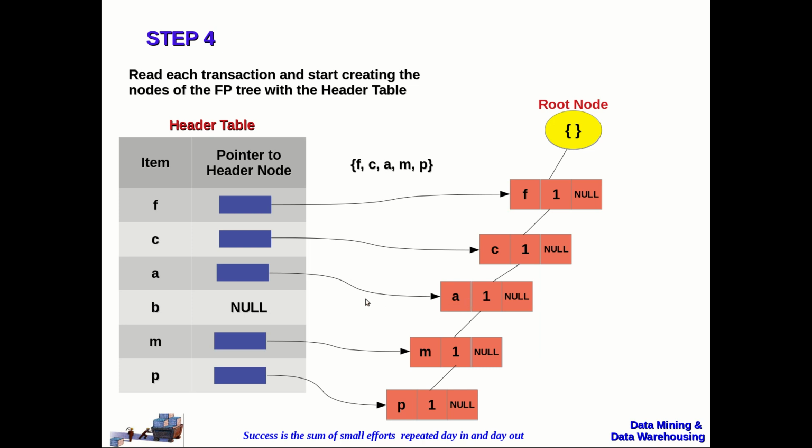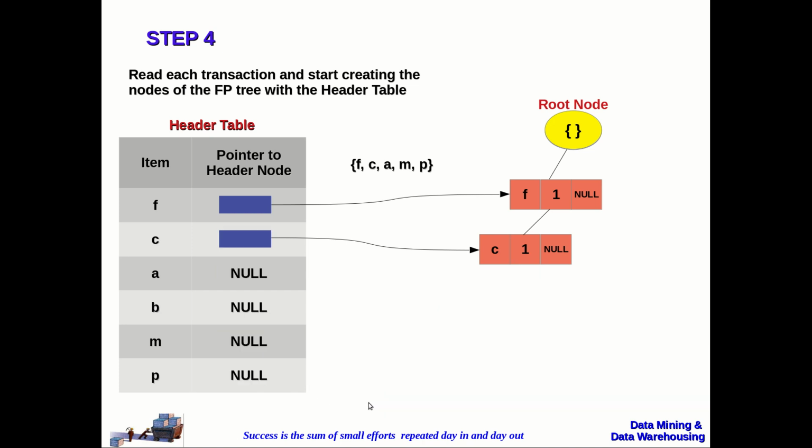The pointer to header node will be pointing here, because this is the first node of A. And then M will be created, and the pointer will be pointing to this particular node. And then P will be created, and this pointer will be pointing to this node.